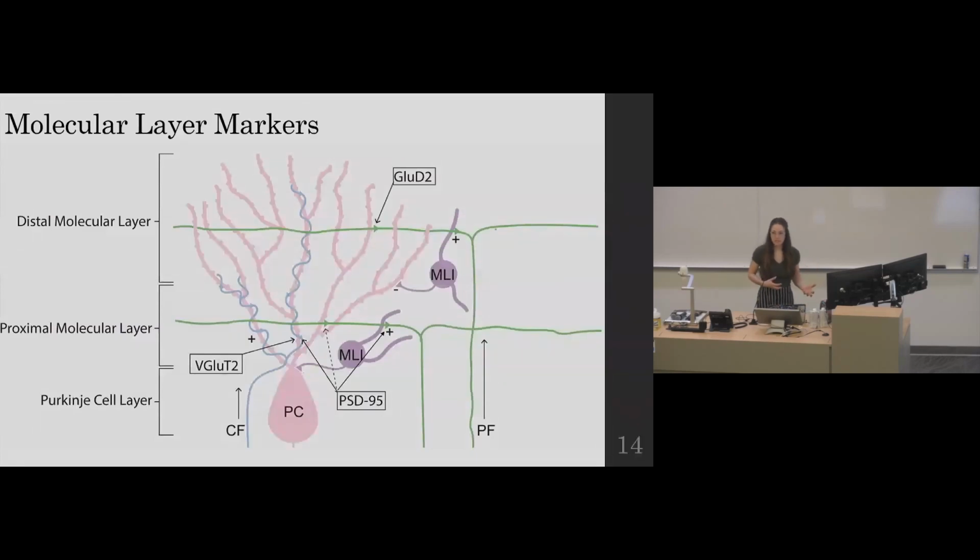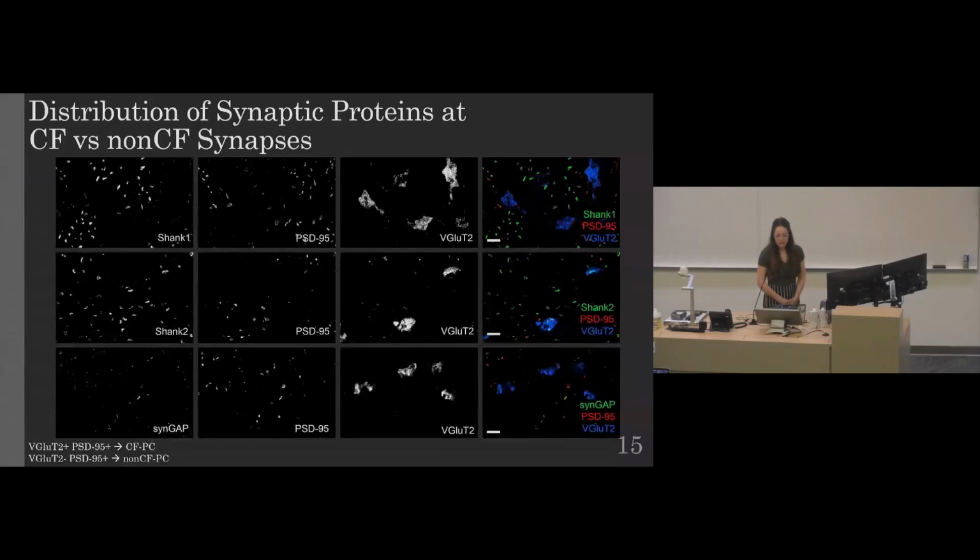So just to bring us back to the markers that I used, I'm now going to move on to talking about climbing fiber to Purkinje cell versus non-climbing fiber to Purkinje cell synapses, which I used vGlut2 as well as PSD95 to mark. And so we can also see differential distribution of synaptic proteins at climbing fiber versus non-climbing fiber synapses.